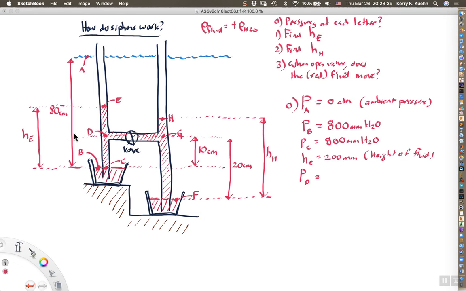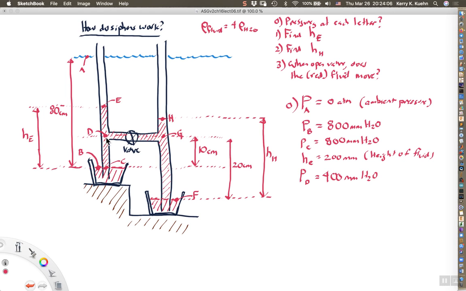Okay, so that means that the pressure at this point is going to be half of the pressure difference between E and C. So the pressure at point D is going to be the same as the pressure of 400 millimeters of water, right? Because out here, that entire column weighs 800 millimeters of water.